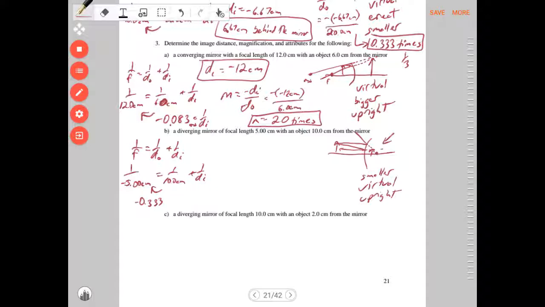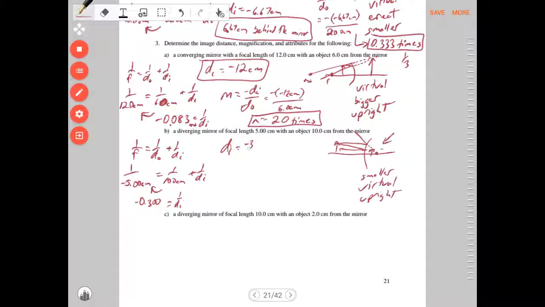So 1 over negative 5.00 minus 1 over 10.0. Oh no, see, that's just 1 over 0.3. Okay, and then of course to get the sig digs. Okay, so that equals 1 over di. Glad I checked. Okay, and then of course we switcheroo, so di equals 1 over negative 0.3. Okay, so there's our 0.333.